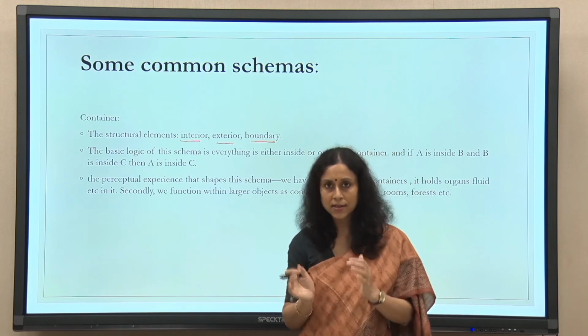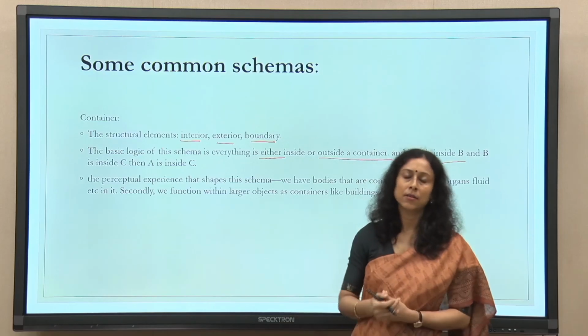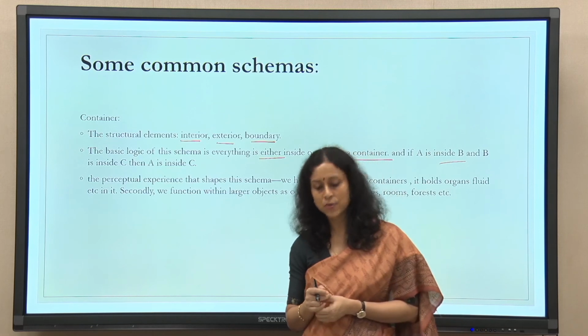So, this is the structural aspect of it, and the basic logic for this schema is that everything is either inside or outside a container. So, if A is inside B and B is inside C, then A is inside C and so on. Similarly, I can say I have a coin in my hand, then I put the coin in my purse and then the purse went inside the bag and the bag then went into the car and so on and so forth.